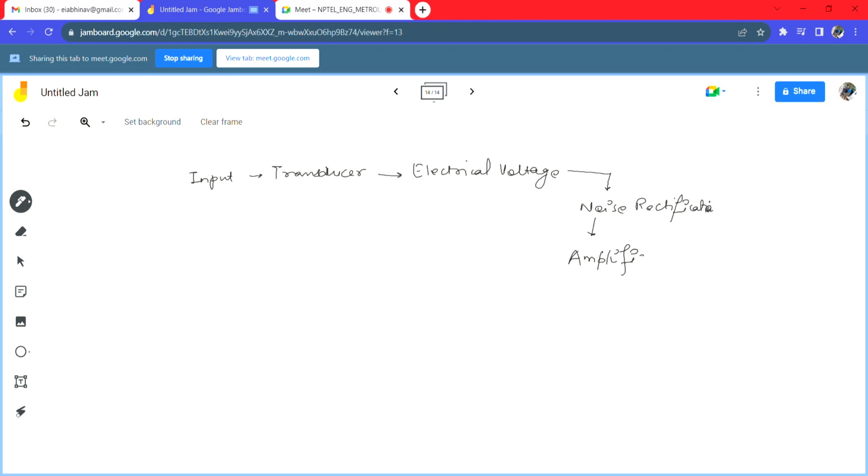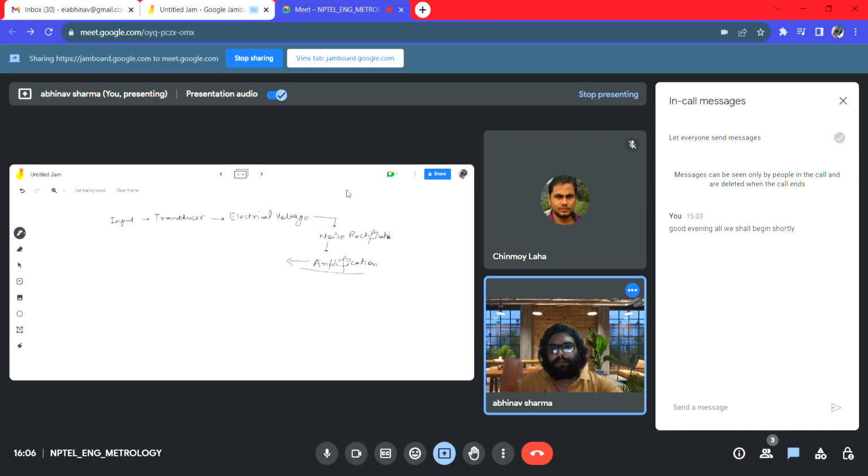A very clean signal that we get should be amplified. Is this understood till here? Yes, sir. Okay. So we will continue with this in a short time. Let us break for 1 or 2 minutes and then we'll start again.